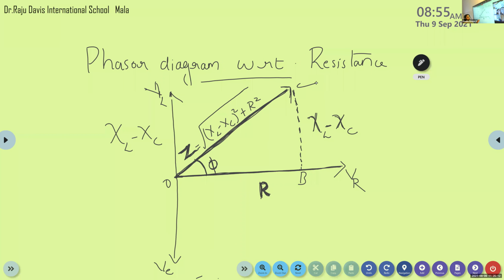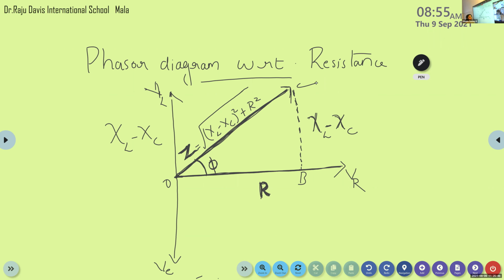Okay. Now, what is the use of this impedance triangle? Impedance triangle is actually used to find out the direction of the current that is flowing through the LCR combination.